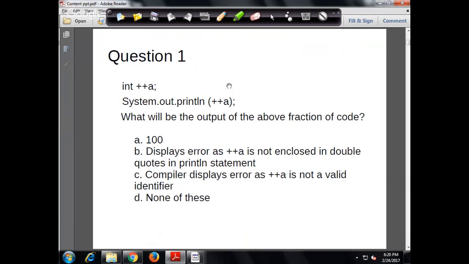Can you write the option number in the comment? Akash says yes, I think he has. Okay, Ankit says option D, none of this. Do I have any more answers from you guys? Come on, guys. This is the first and one of the easiest questions that I could pick up from the AMCAT.